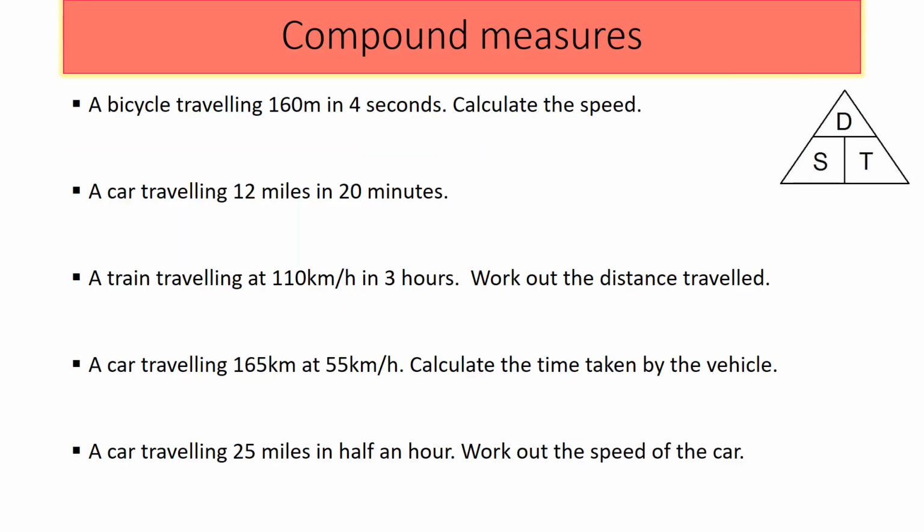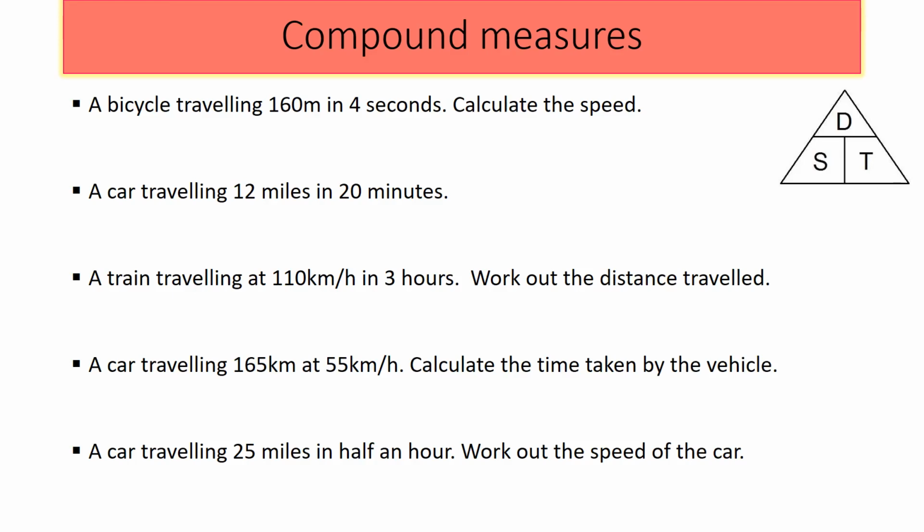So, first task, a bicycle traveling 160 meters in 4 seconds. Calculate the speed. Okay, so we've got the triangle. I want to find the speed. So to do that, I have to divide distance by time.